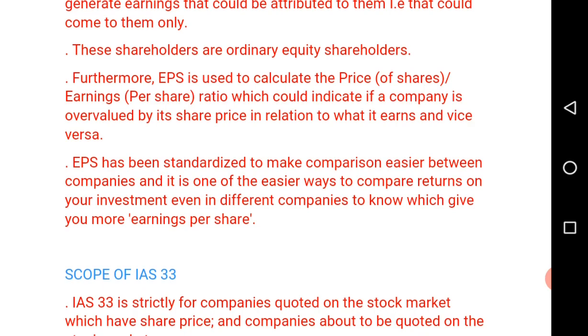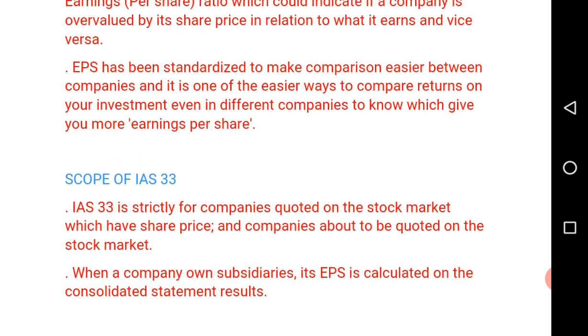So rather than buy one share in company A and get a lower EPS, I could buy one share in company B and get a higher EPS on it. So it's used for comparison between companies to know which to invest in.